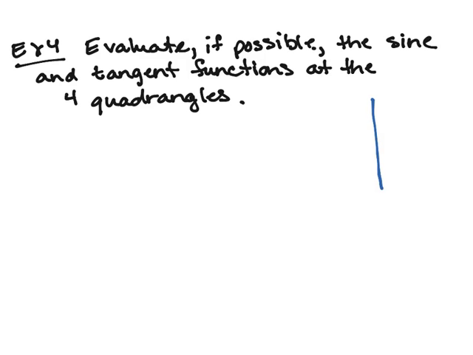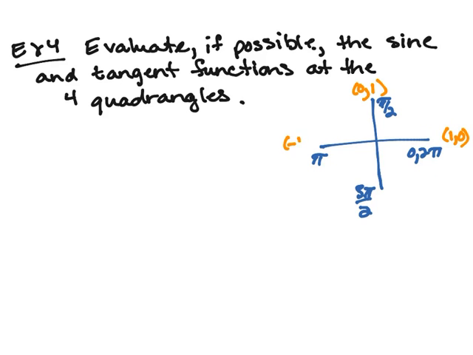So we're going to be looking at 0 or 2 pi, pi over 2, pi, and 3 pi over 2. And we're finding sine and tangent. I need to know the coordinates. Well, the coordinates at 0 are 1, 0. At pi over 2, it's 0, 1. At pi, it's negative 1, 0. 3 pi over 2 is 0, negative 1.